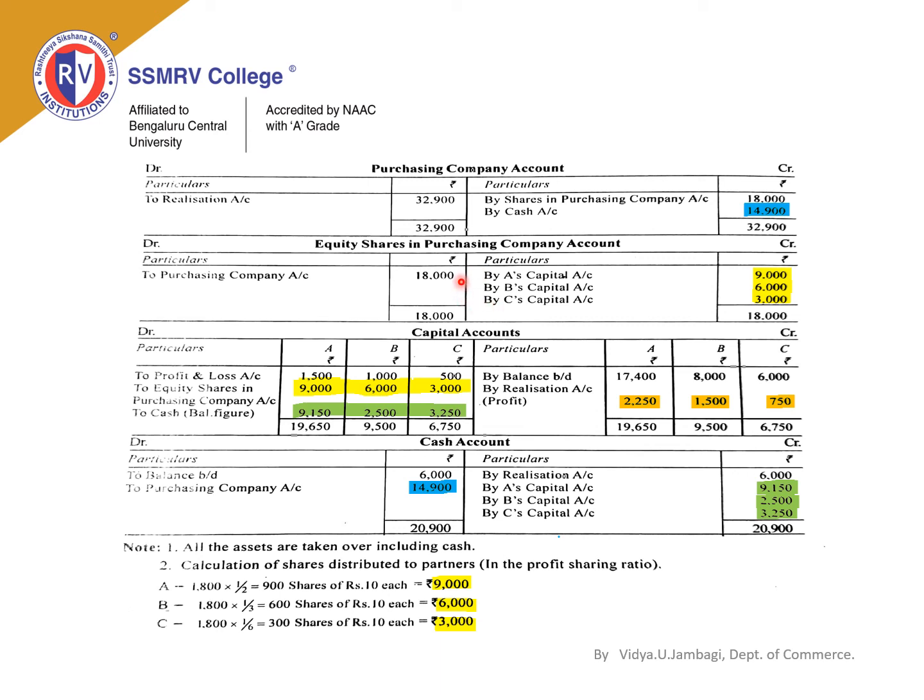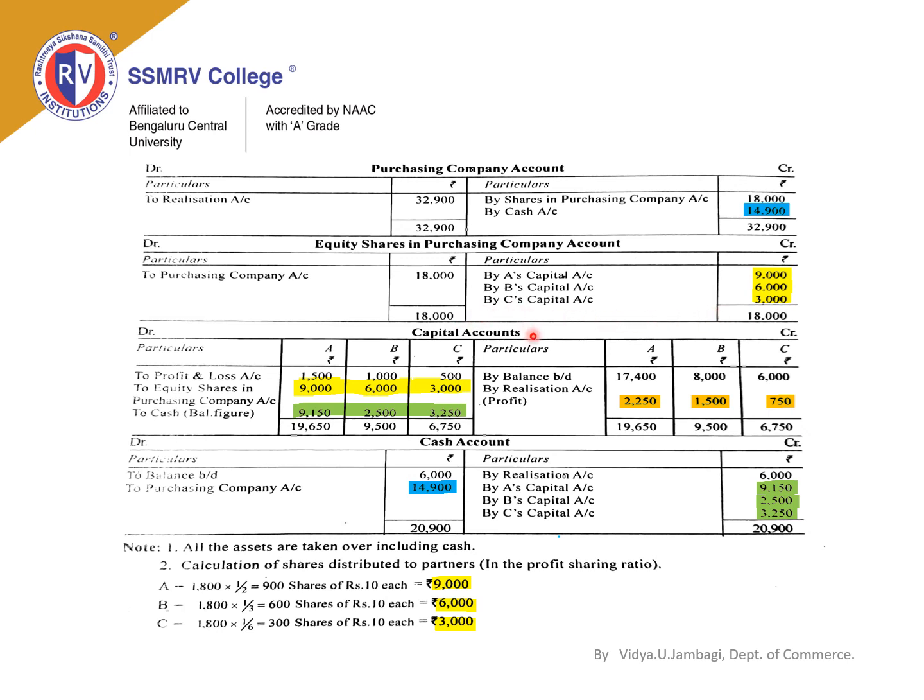So, 18,000 shares received by the purchasing company is distributed by the vendor firm to its partners in their profit sharing ratio, which is 9,000, 6,000 and 3,000. So the total of 18,000 tallies here, and the account gets closed.